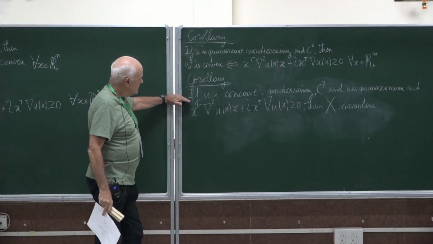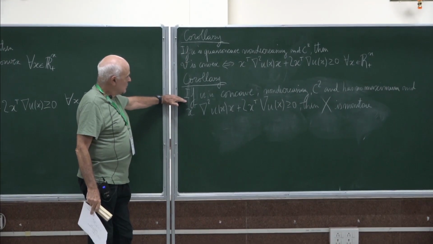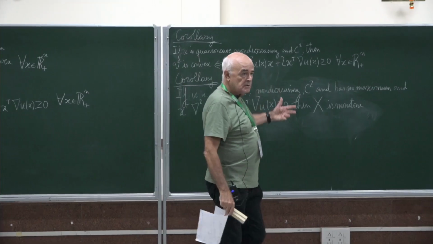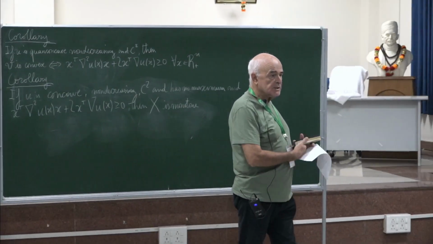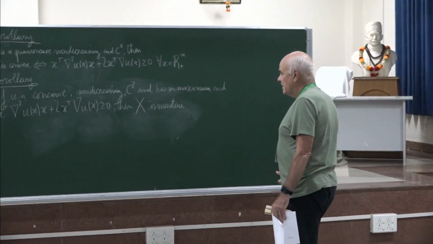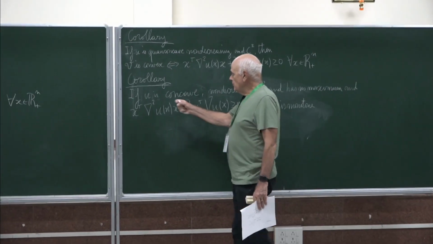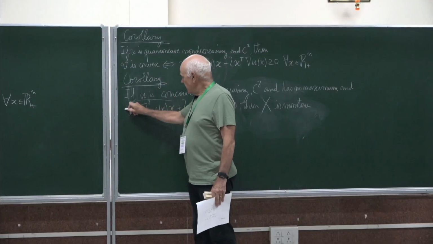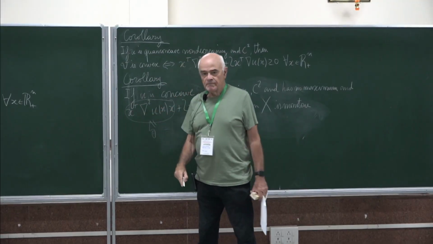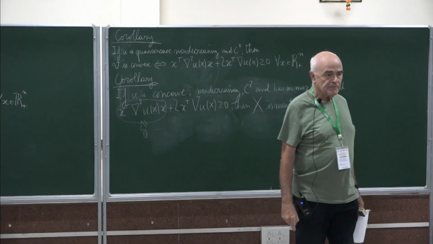But look, concavity for a C2 function means the Hessian is negative semi-definite. Then, if U is concave, this expression is less than or equal to 0. Okay?